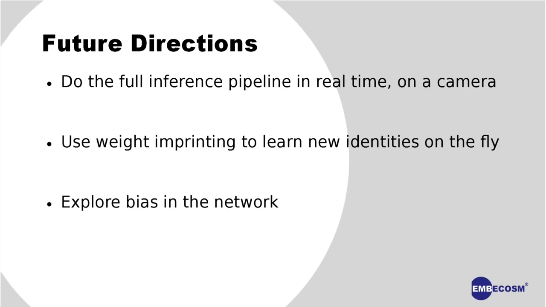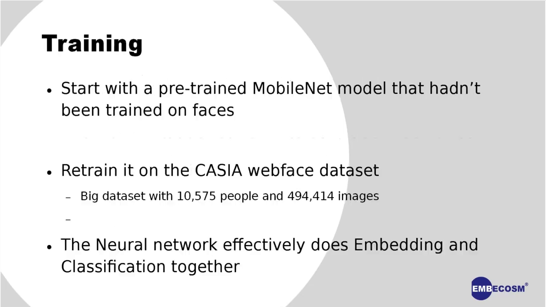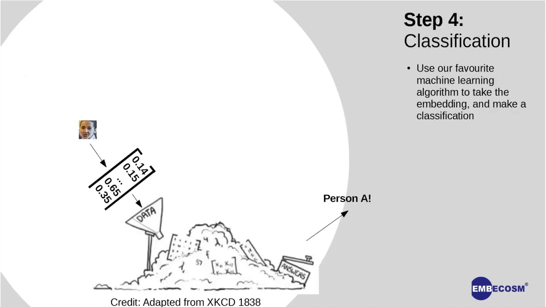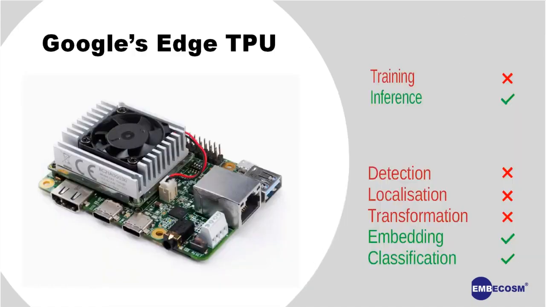Where we're looking to take this in future is that if we go back a few slides, at the moment we're doing only a little bit of the whole face recognition pipeline on the TPU, and frankly the easy bit, it would be really nice if we could do the whole thing.